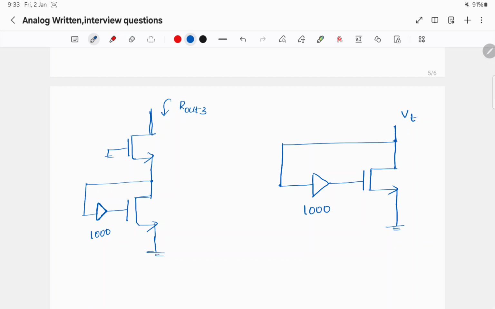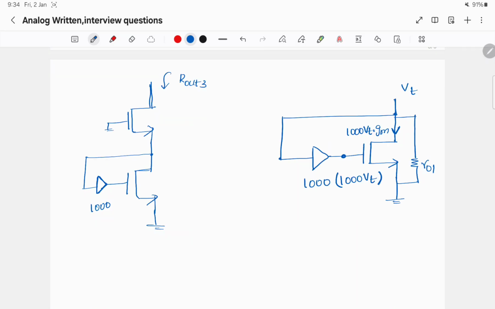This node potential is VT, so 1000 times VT voltage will come here, and a current of 1000 VT times GM will flow from drain to source, under resistance of RO1.